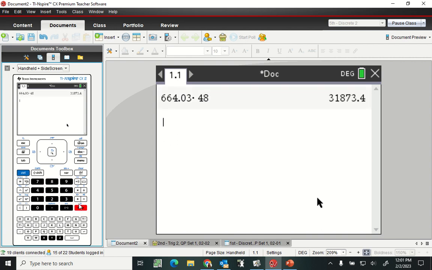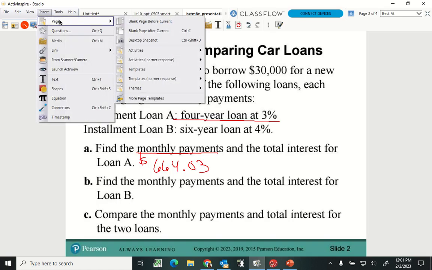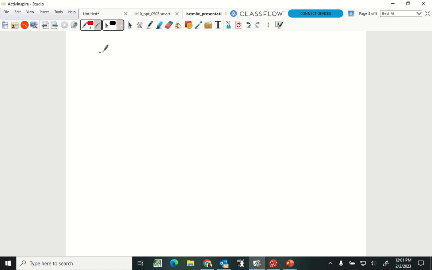And so this is my total amount paid. This is the A value. So my formula for this is, my interest is my A minus the P. That's all it is.